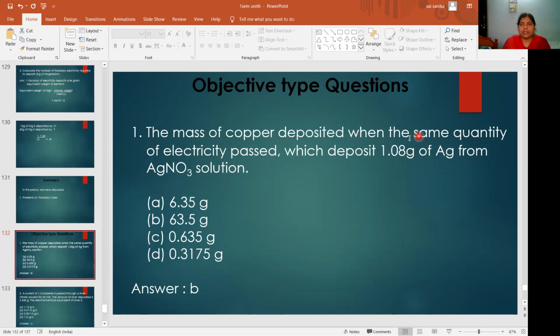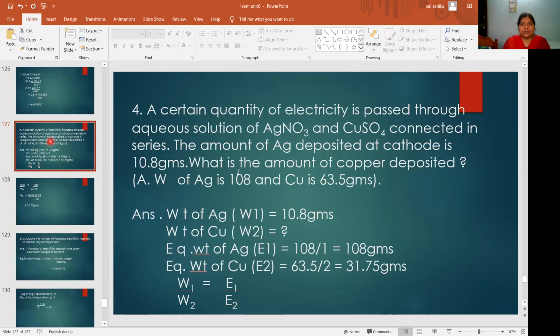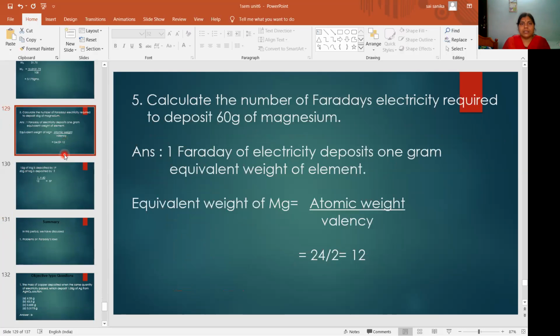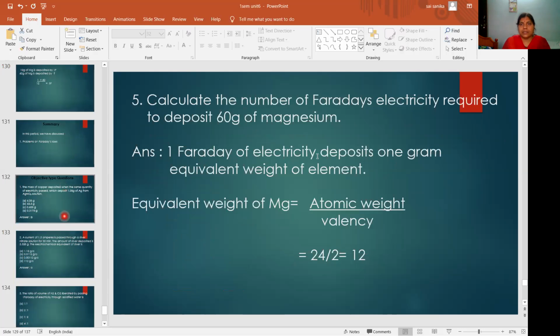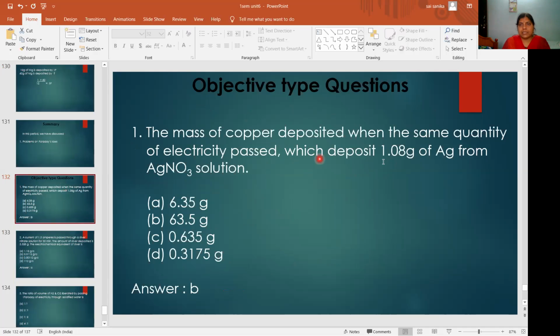When the same quantity of electricity passes in series, that is based on the second law, W1 by W2. Just now we did this. There the weight given was 10.8, here it is 1.08. The same quantity of electricity is passed, this much silver is deposited, and he is asking how much copper is deposited.